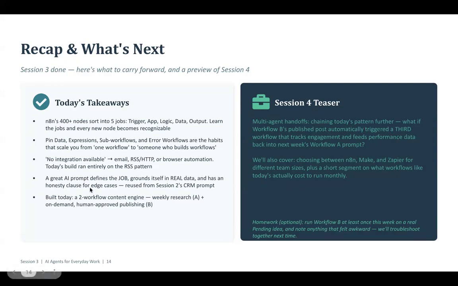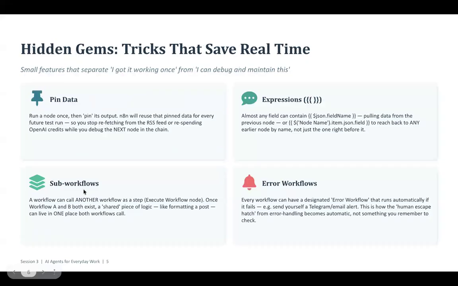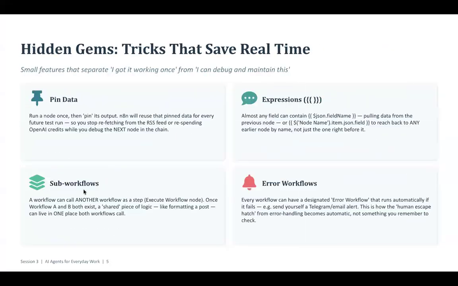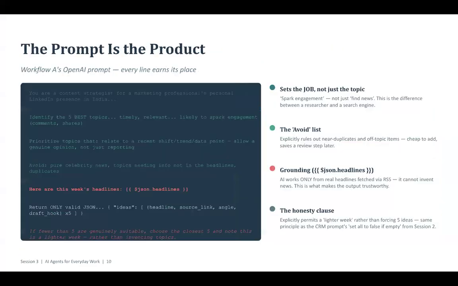And then there's a great AI prompt that will do these things that are listed here. I'll just go back to the AI prompt. Okay. So this is, I think, one of the more important things that we covered today, where you should be defining everything you can.